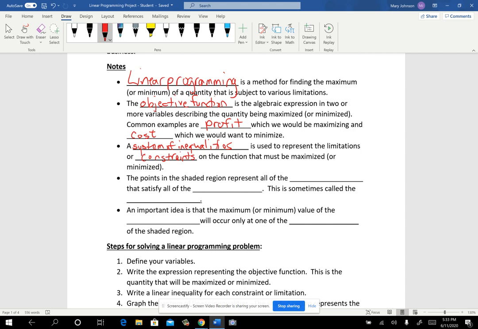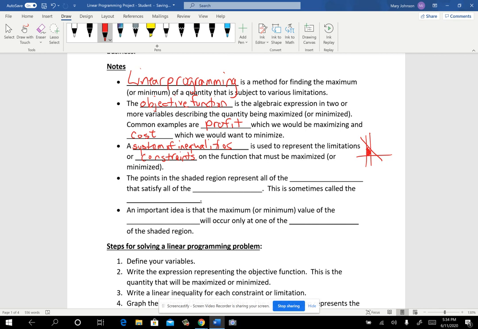All right, the points in the shaded region. So when you do your system of inequalities, you get stuff that looks like this. We just did that in the previous video, and then you might have this region sitting there.